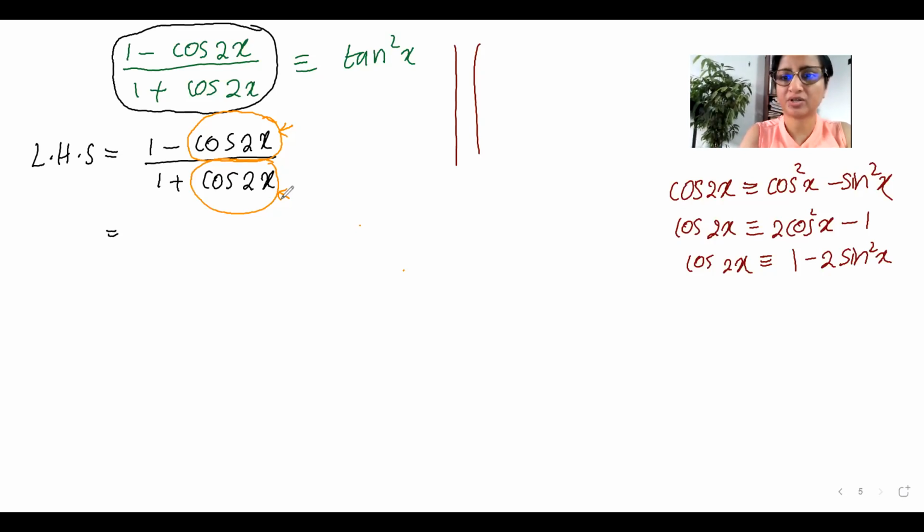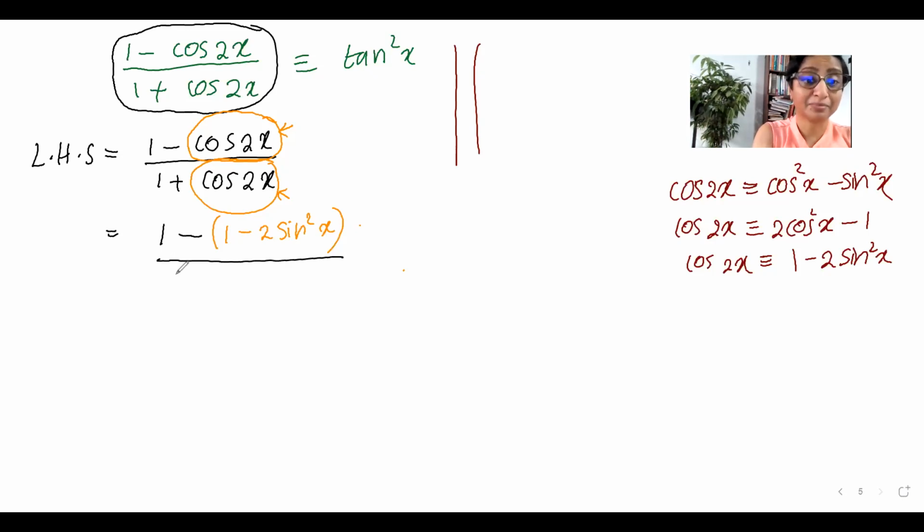So 1 minus, third one, 1 minus 2 sine squared x, okay? And for the bottom one, very good. If we are to cancel off the 1 in the denominator, you have to put this one, 2 cos squared x minus 1.